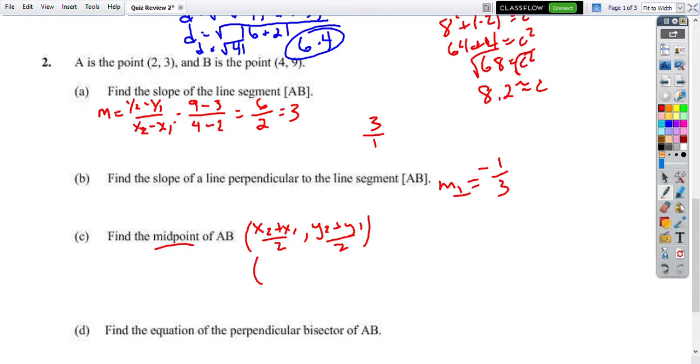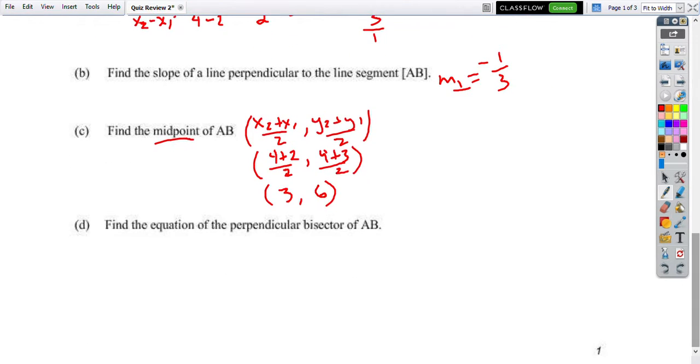So second x is 4 plus 2 over 2, and then we do the next one. That's 9 plus 3 over 2. So 4 plus 2 is 6, divided by 2 is 3. 9 plus 3 is 12, divided by 2 is 6. And there's the midpoint of AB.